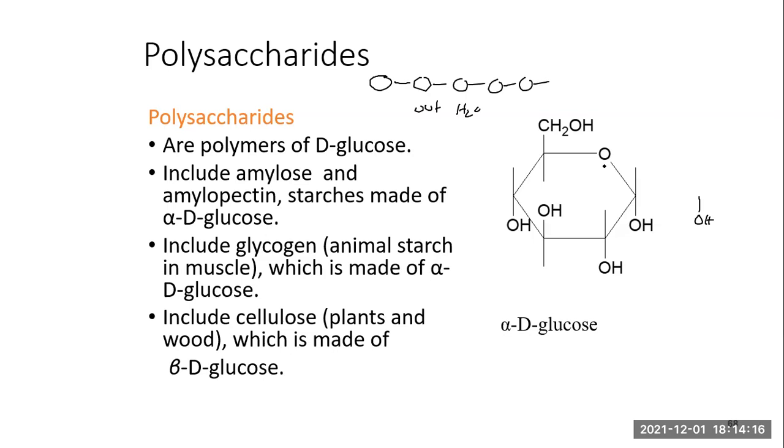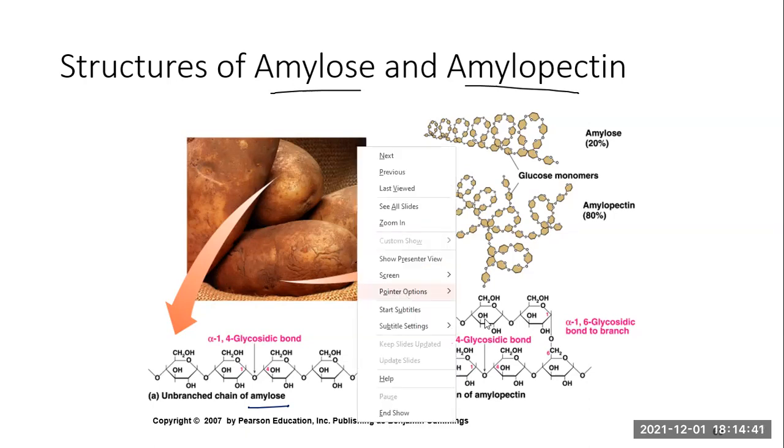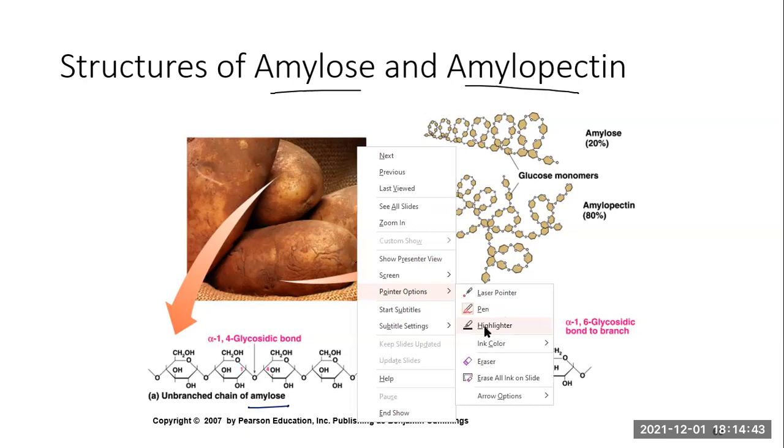So let's take a look at a couple of these and talk about some of the differences between them. Looks like some baked potato action going on here. We have some amylose and amylopectin, and they are really just long chains of D-glucoses together where we have taken out water. Amylose is a straight chain, really no branching here.